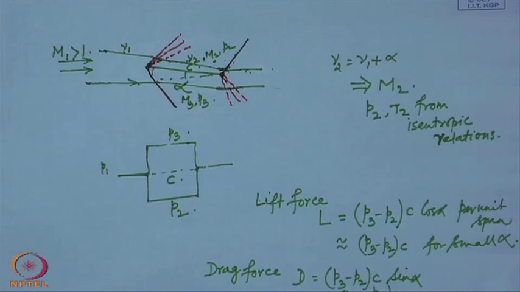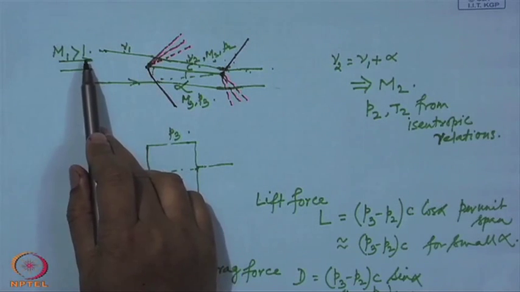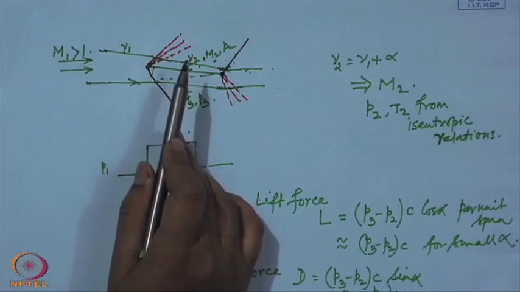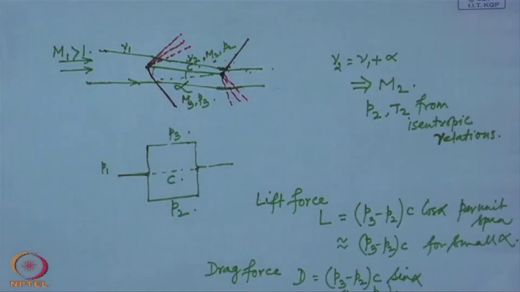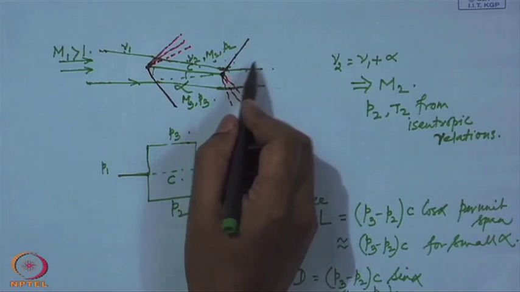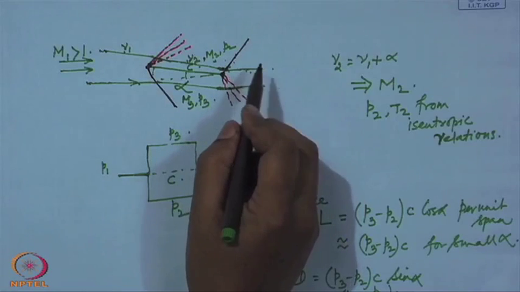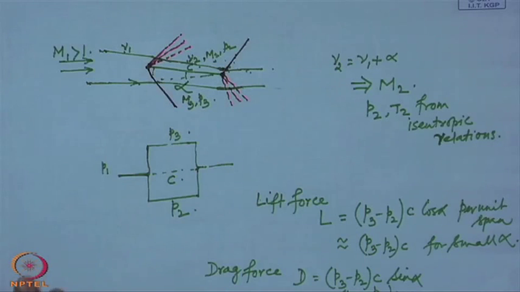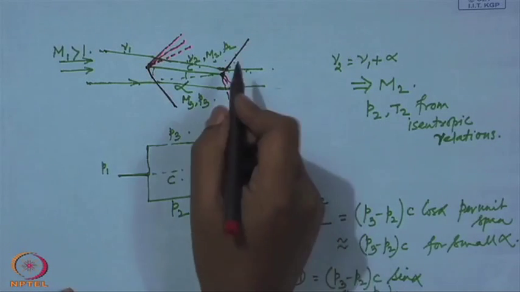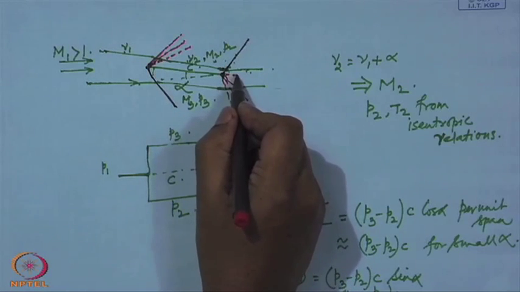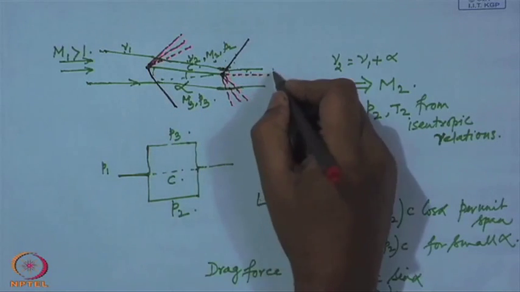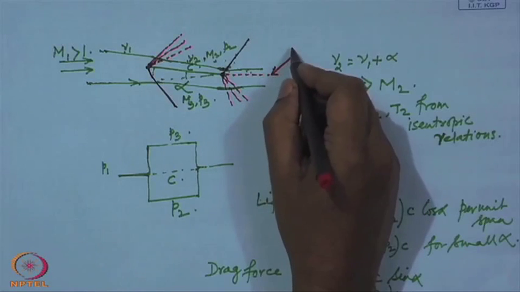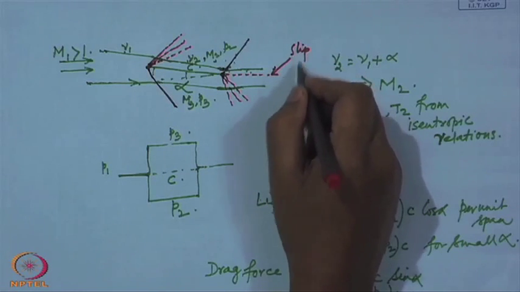As a consequence, the entropy changes experienced by the upper surface flow and the lower surface flow are not equal, and hence there is a difference in the entropy level on the upper and lower surface flow, and consequently we will have a slip stream.